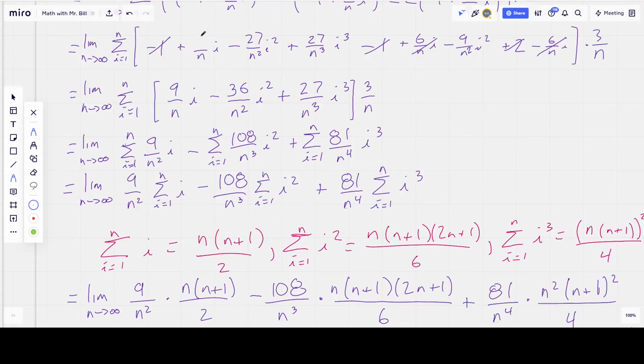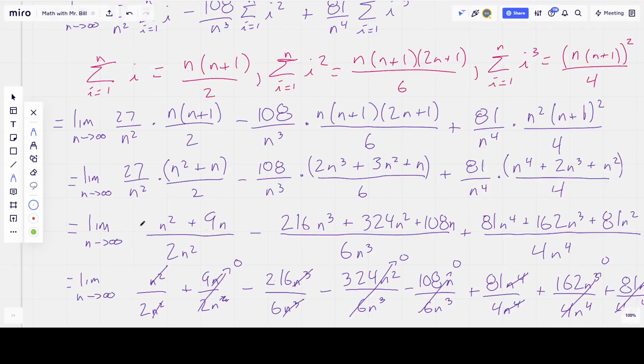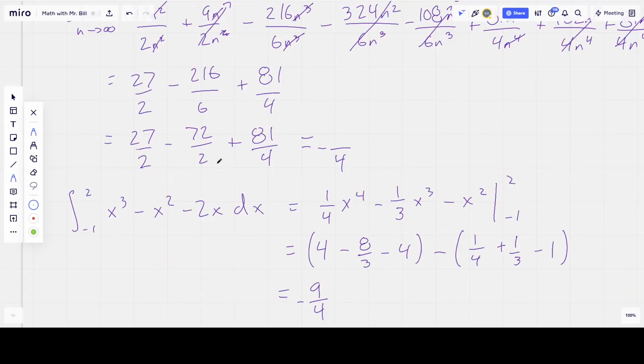That's 9 over n, 9 over n. And so that means when you distribute that 3 in there, this will become 27. I'll make that 27 right there. So nothing else needs to change, just that 9 needs to become a 27. Okay, so now when we add up all of these, we do indeed get negative 9/4. So that gives us the right answer.